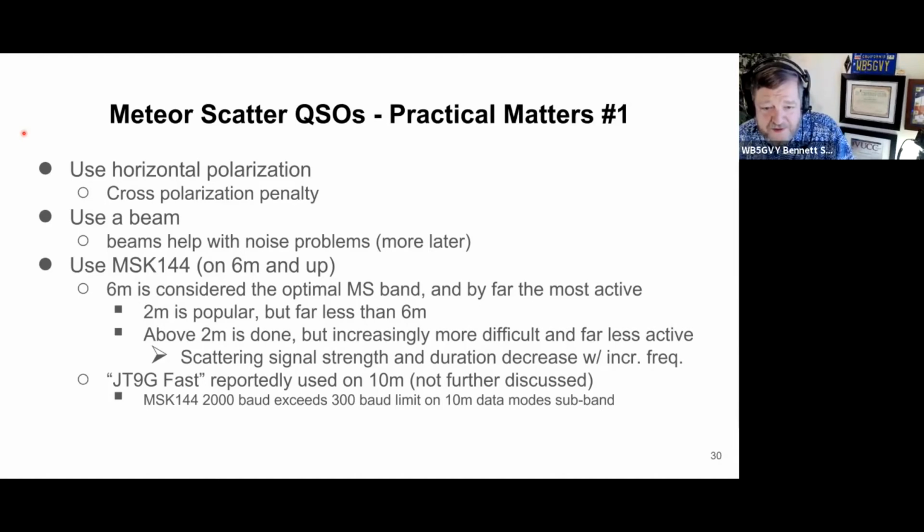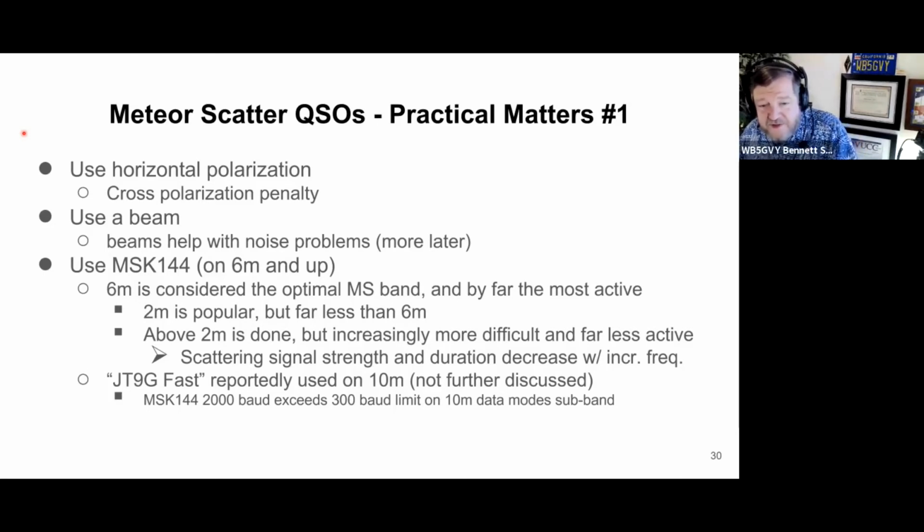Most people are using MSK144. 6 meters is considered an optimal band for meteor scatter, and it's by far the most active. There are people that operate meteor scatter MSK144 on 2 meters, but there's less activity. It turns out that you can even go higher than 2 meters, but it's increasingly more difficult and far less active.